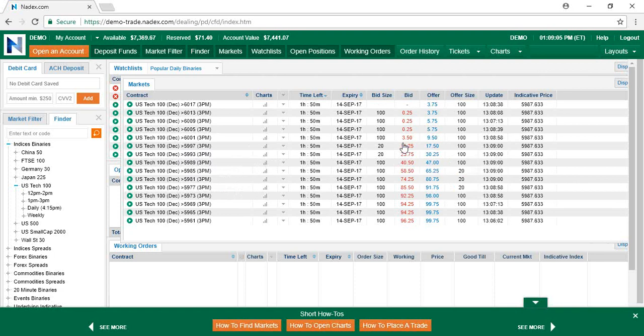Okay. So let's just say, for example, that I was to buy that binary and the market went up 4 points, meaning it went up enough to match a difference in a strike, 4 points, right? Well, if I were to buy this one and the market went up 4 points, where do you think approximately this one would be priced at?